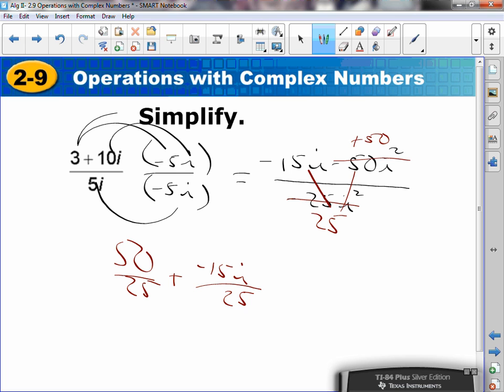What's 50 over 25? 2. What's negative 15i over 25? What goes into both numbers? 5. How many times 5 go into 15? 3/5, but it's actually negative 3/5 i, and that is your answer.